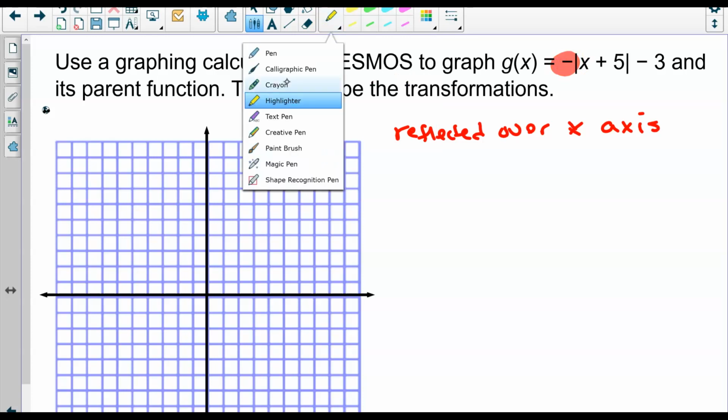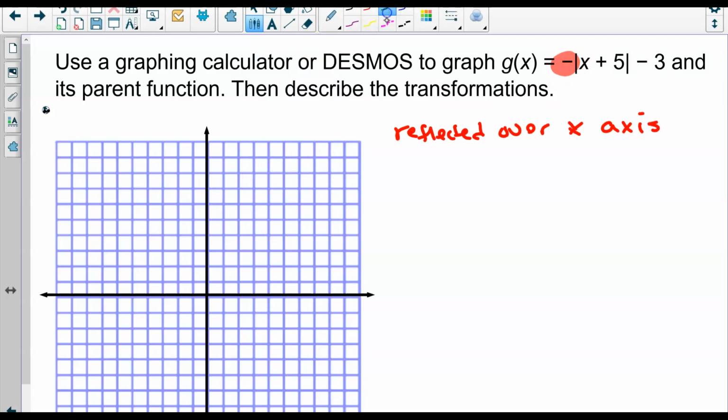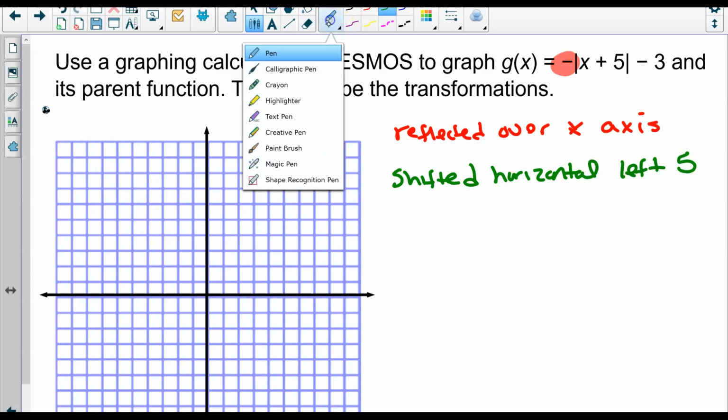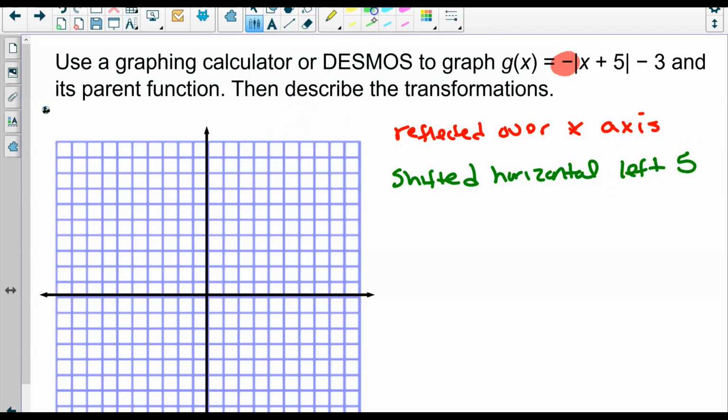Then it shifted on the inside. That's going to be a horizontal translation. So there was a horizontal shift left 5. And I know that because of this guy right here.